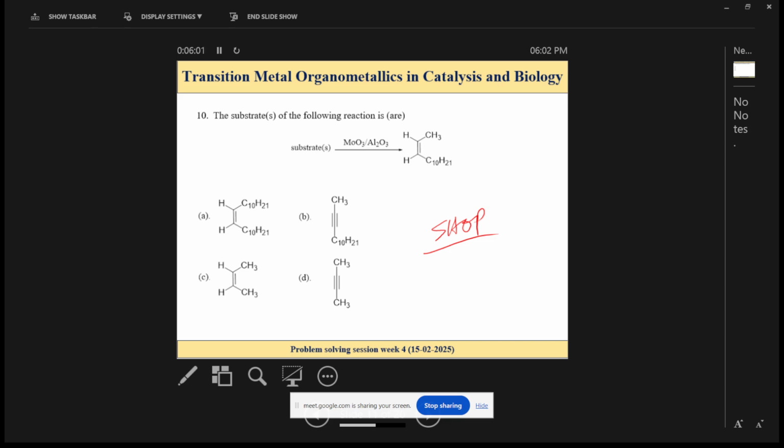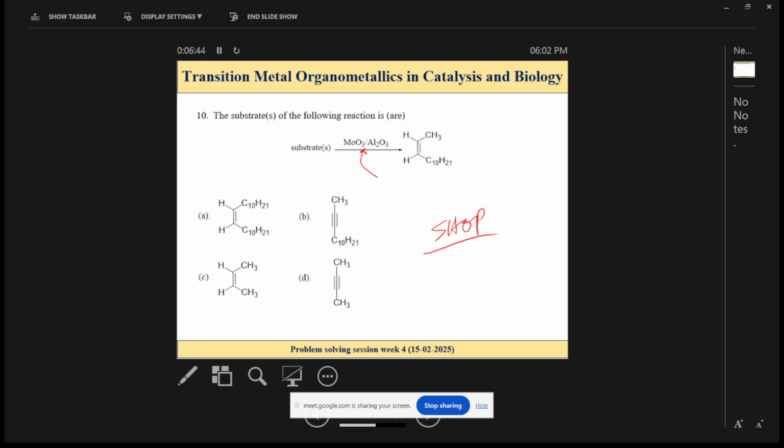Here the molybdenum aluminum oxide acts as a catalyst in this reaction.